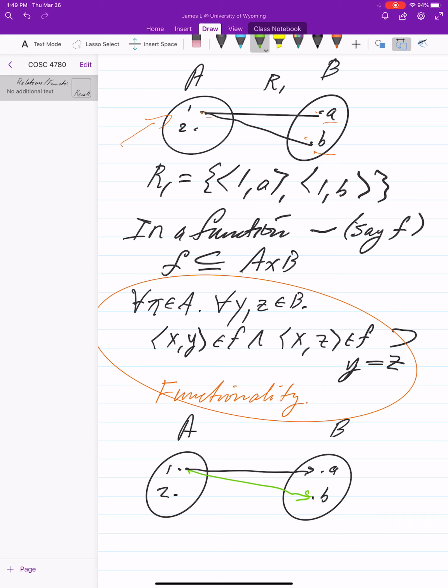That's got to go away. Now for 2, I could make 2 go to A. So then both 1 and 2 map to A. This doesn't violate functionality, because functionality just says no point here can get mapped to 2 points over here. All right, so this is pretty straightforward.